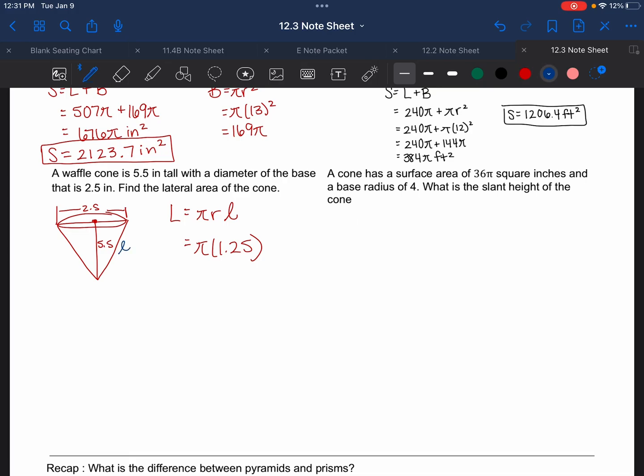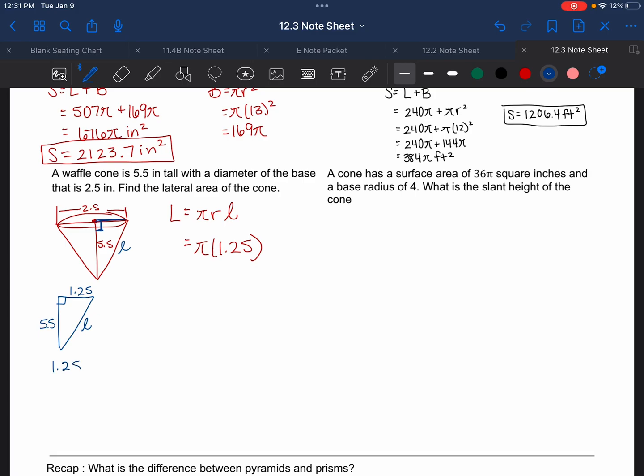Well, the height and the diameter are perpendicular to each other because the height is perpendicular to the base, so we can make a right triangle. The height is 5.5, the radius is 1.25 there, it's this part here, and we'll find our slant length. So we are using the Pythagorean theorem.